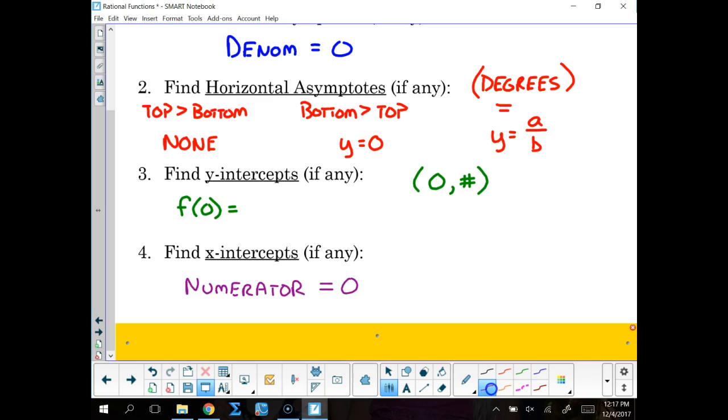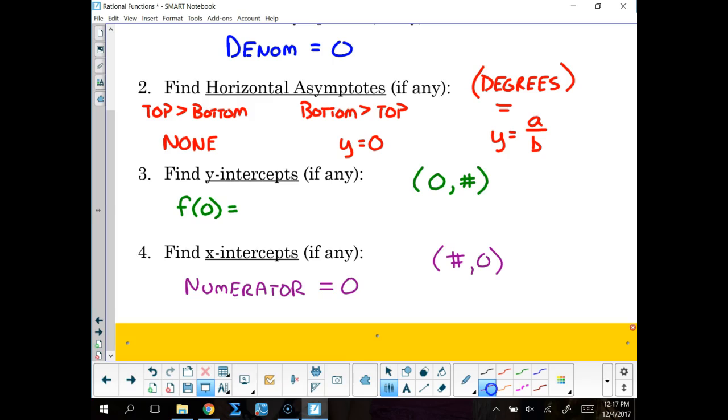And this one's going to be of the form some number, comma 0. Now my question to you is, how many y-ints can I have? 1 or none. Because if I have a vertical asymptote at x equals 0, I don't have any y-intercept. Okay? So I could have 1 or none there.